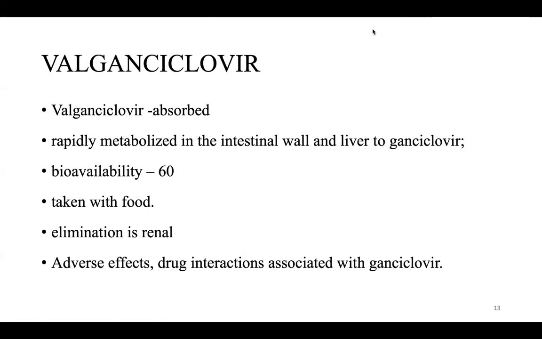The bioavailability of oral valganciclovir is 60%. It's recommended that the drug be taken with food. The major route of elimination is renal, through glomerular filtration and active tubular secretion. Side effect, drug interaction, and resistance patterns are the same as those associated with ganciclovir.